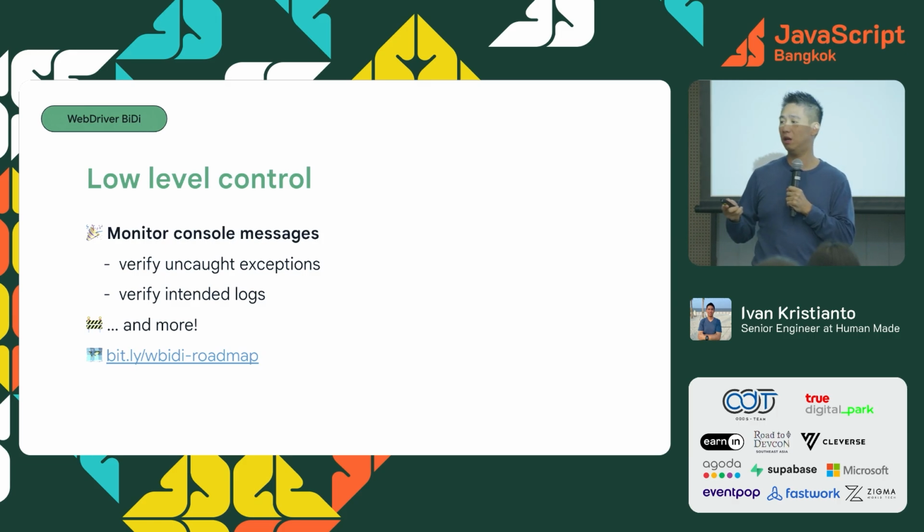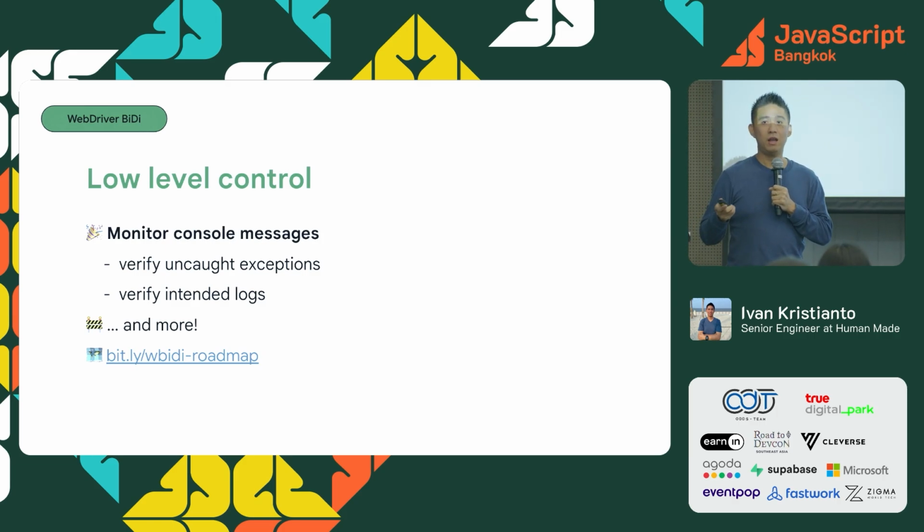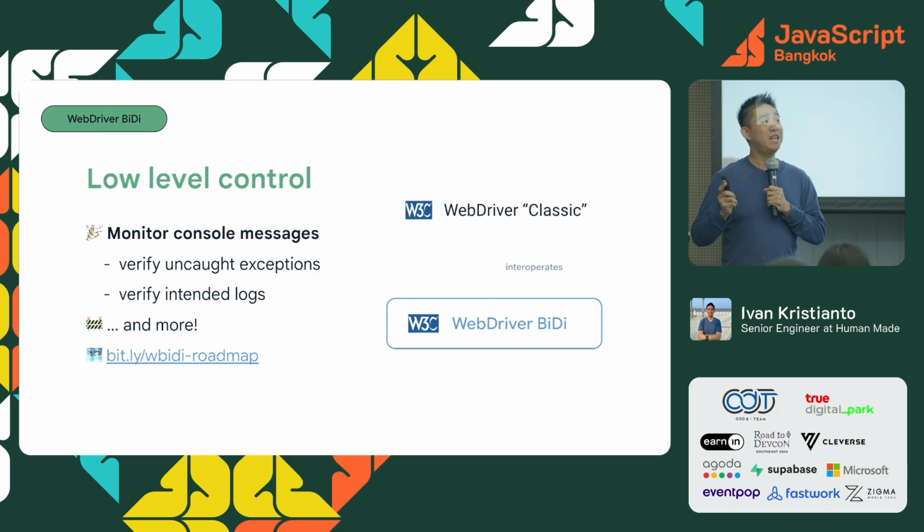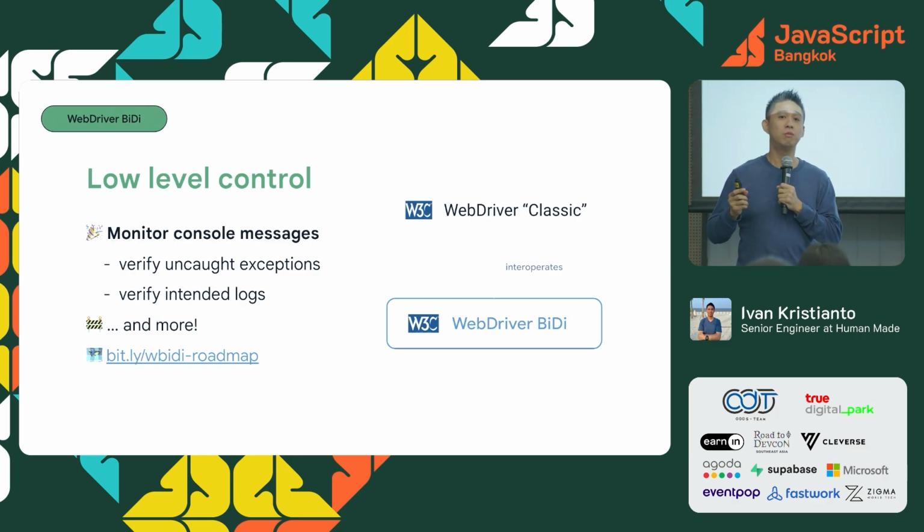And it interoperates, as I said before. You don't need to change your code. If you're already using Cypress, TestCafe, and all other tests, it already has support by default if your application or your test already supports Firefox and Chrome and also Safari. It will switch between them itself.